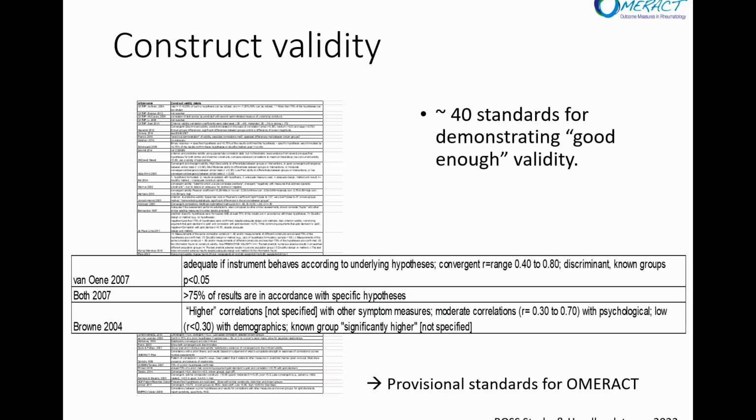But just as an example, for construct validity, there's over 40 different standards for demonstrating good enough validity. And these are just a few that I've blown up. By no means do we expect you to go through them, but we can make these available to you if you want. And so based on these standards, we reviewed each of them and said, okay, here's a provisional standard for OMERACT. But this is something that we will be going back to as a community to decide on what are the best standards.